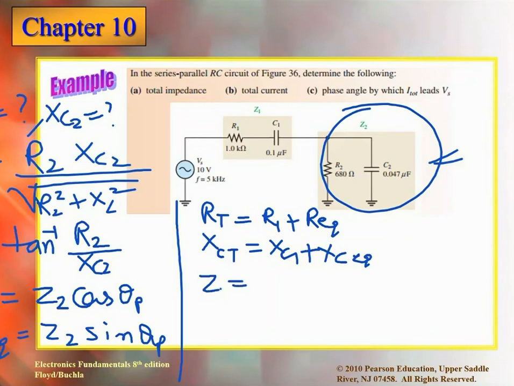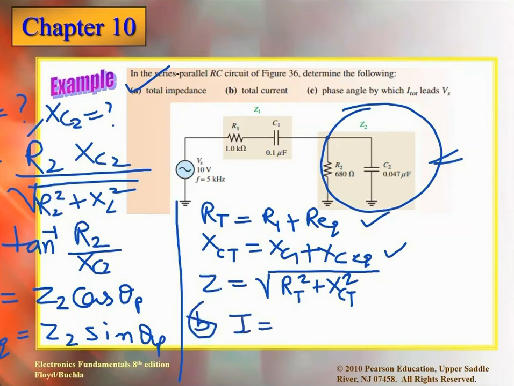And because this is for the series, the formula is going to be the square root of RT squared plus XC total squared. So we have given the answer of the first part this way. Second part, total current. So what is total current? Ohm's law, V over Z.